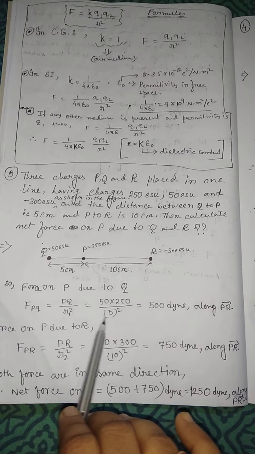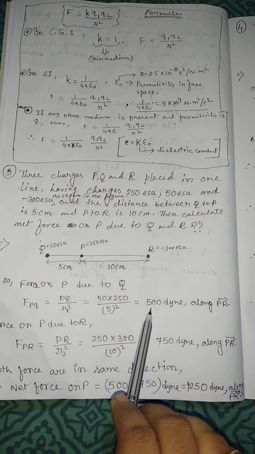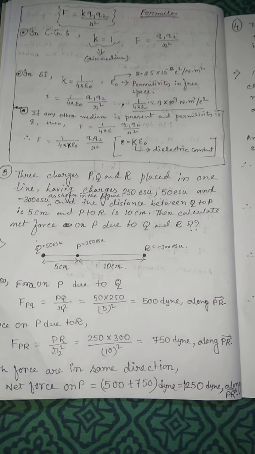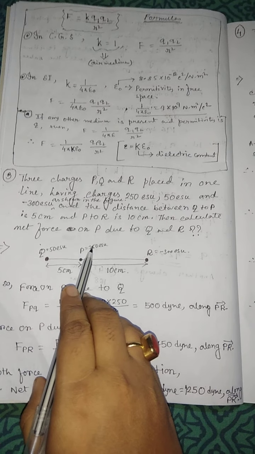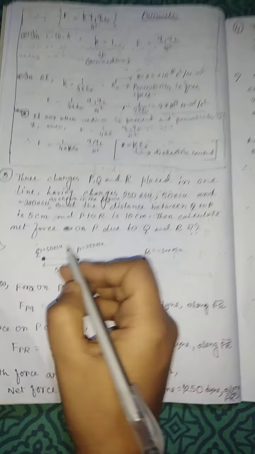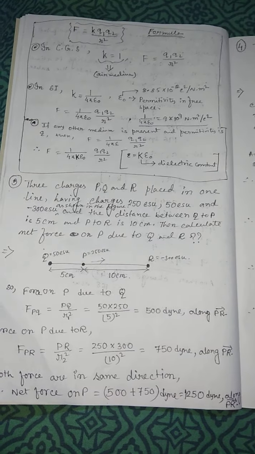Now if we place the values, we get the force on P due to Q as 500 dyne. In which direction does this force act? Because these two are positive charges, and like charges repel each other, this force acts in this direction, towards R.